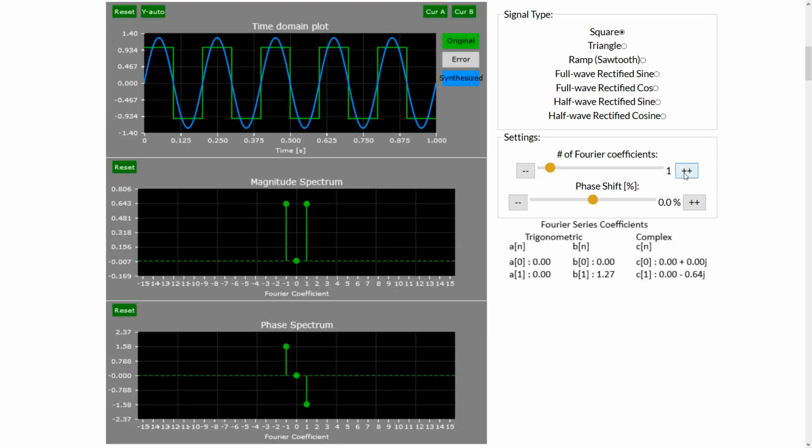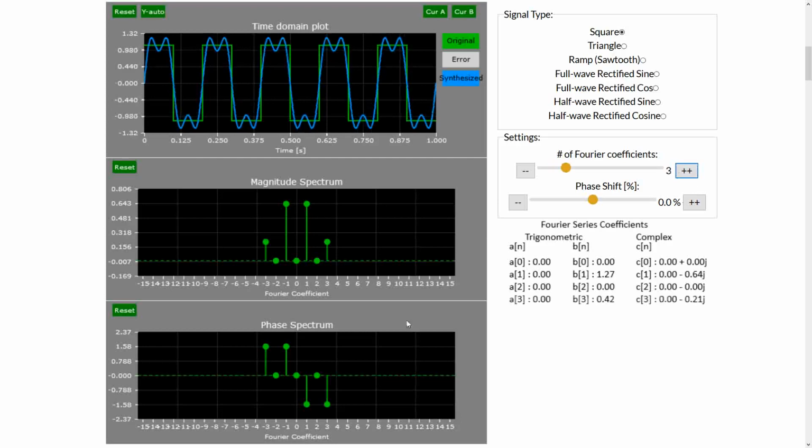Now let's add a second component. We have a second harmonic, we added one more, right? A second frequency component, and when you add one you have another one, because now we are adding a second sine wave. But the magnitude is 0. You'll learn why that is, so for now let's not worry about it. We add a third component.